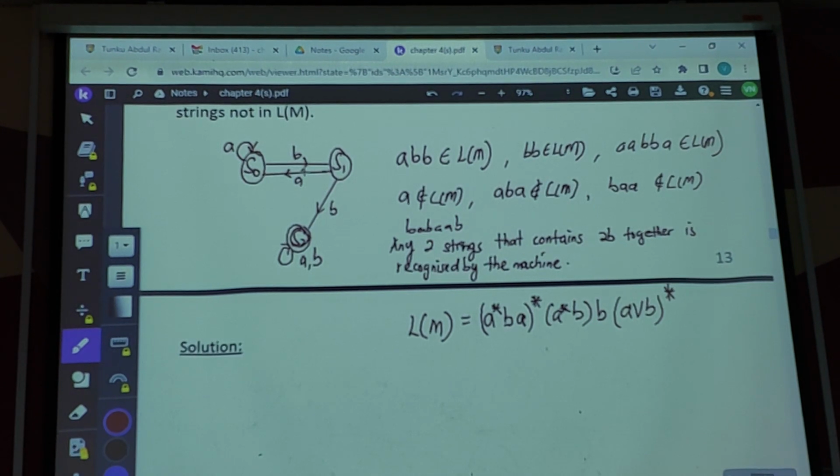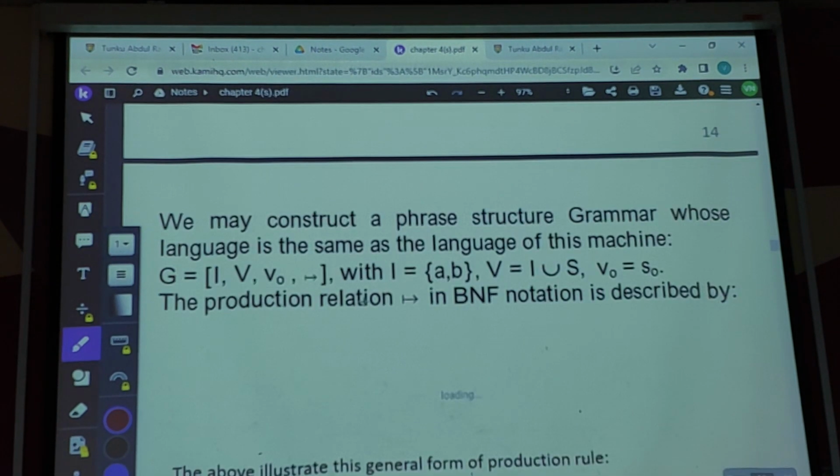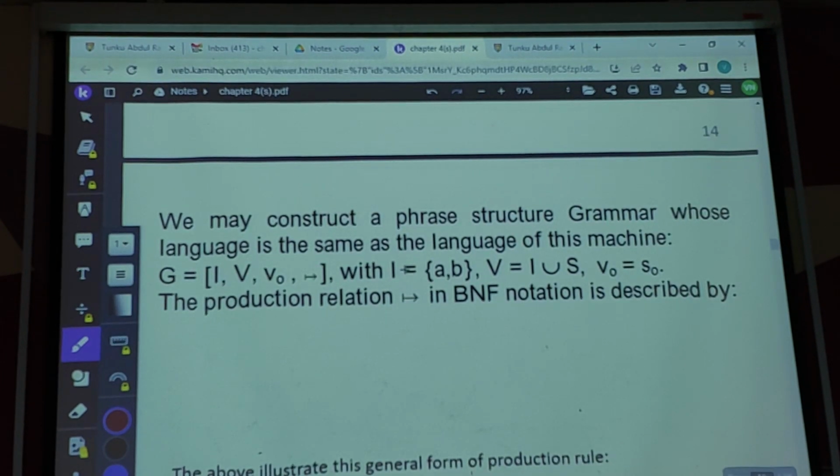Now we will look at the relation between the grammar, the language of the grammar, and the language of the machine. We can construct a phrase structure grammar for this. Remember we have the components I, V, V0, and the substitution relation. This is the non-terminal, and the starting state is V0. Go back to your chapter 2 again.